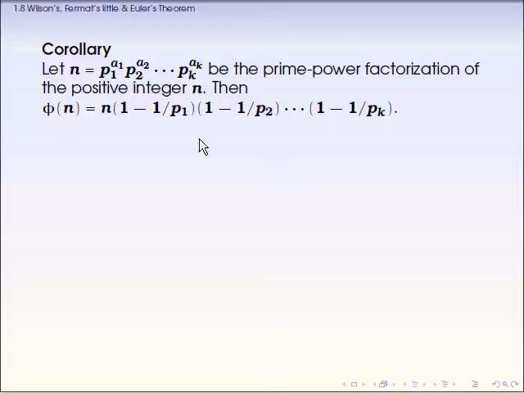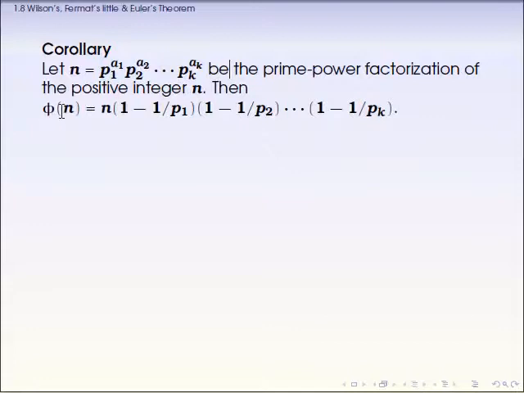Okay, this is almost the end of this whole thing. This corollary says if n is just an arbitrary composite number, then it can be written as this product of powers of primes by the unique prime factorization theorem, right?